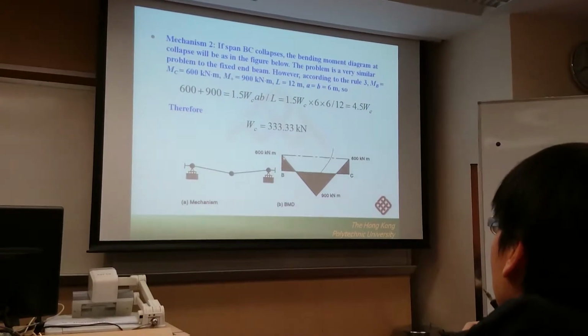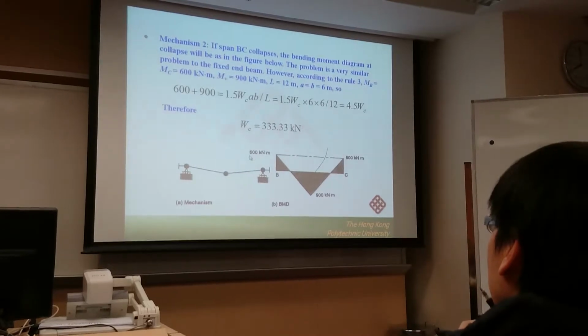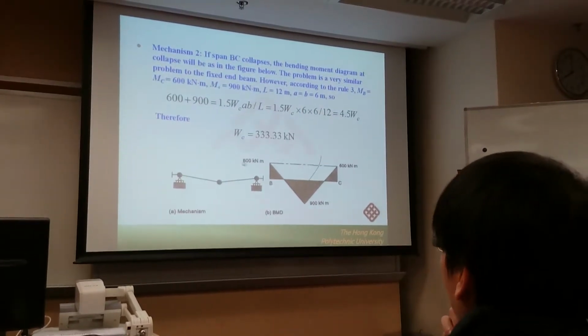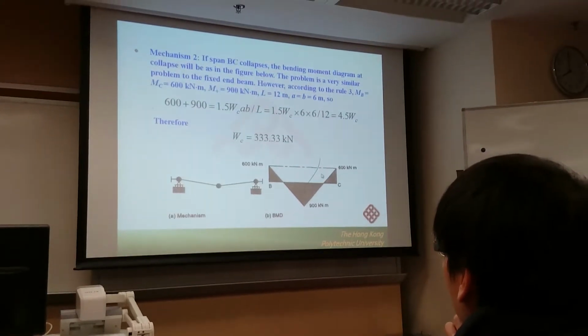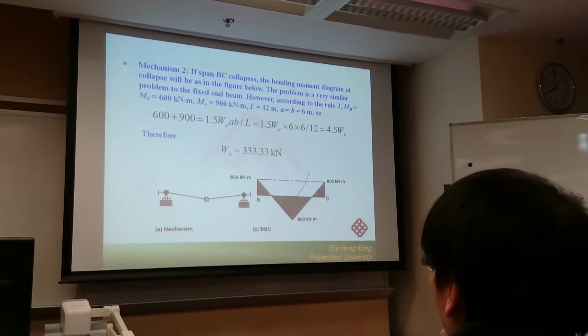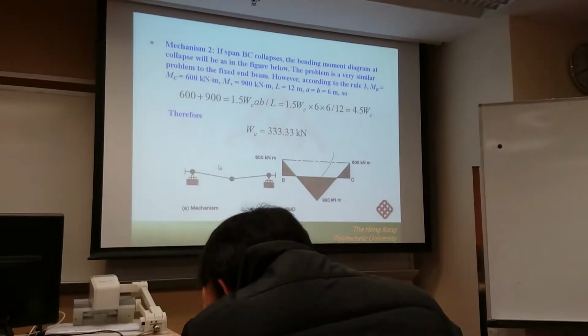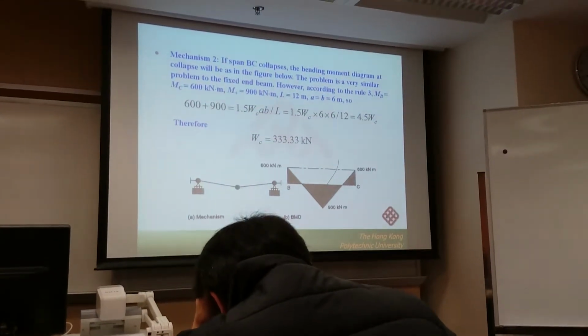The reactant moment is the linear interpolation between 600 and 900. Actually, it is equal to 600 plus 900 over 2 because it is at the middle of the span. So please understand how to change the solution when I change the question.